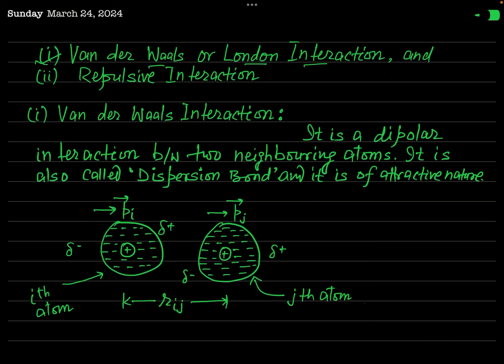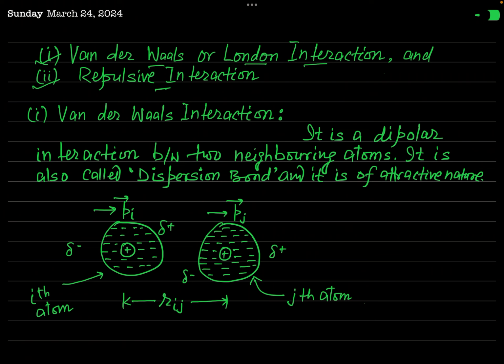And the other interaction is repulsive interaction. You have seen in the case of ionic crystal, this repulsive interaction was also present there, but there was no van der Waals interaction. Instead of van der Waals interaction, in case of ionic crystal, you have seen there was Coulombic interaction.